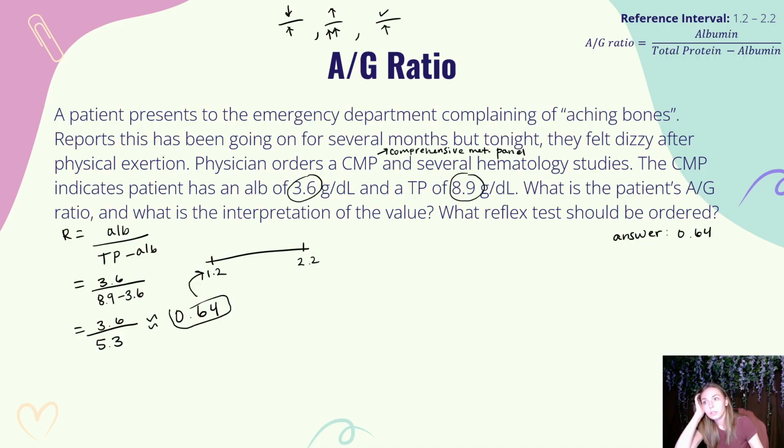In this instance, we can tell that our TP is elevated, and we can tell that our albumin is fine. Because our albumin is fine and our TP is elevated, that implies that our globulins are also going to be elevated.